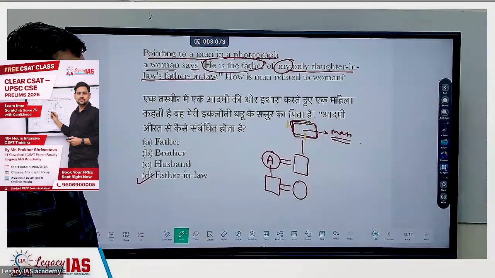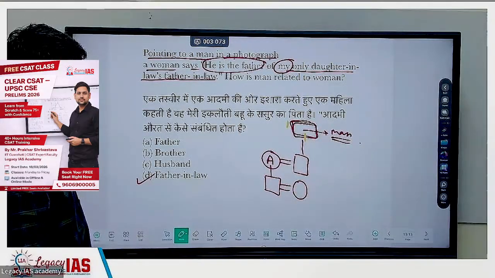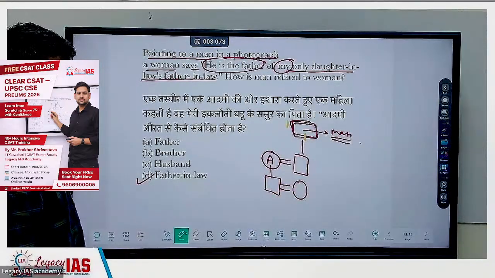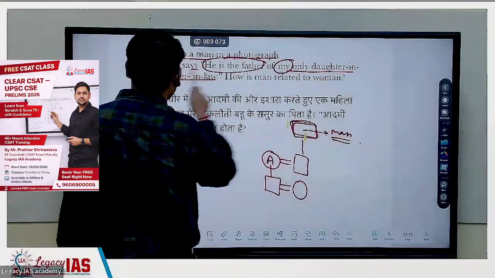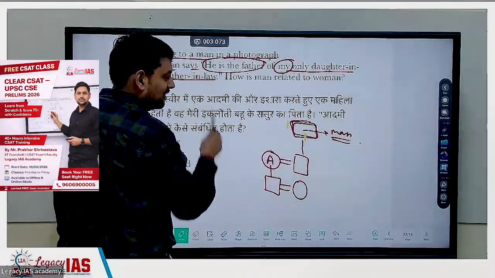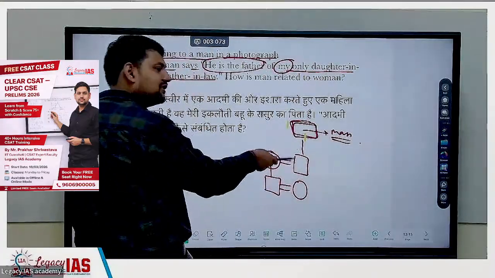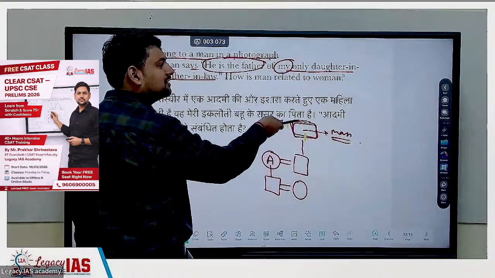She has a daughter-in-law, and he is the father of my only daughter-in-law's father-in-law. So first daughter-in-law, daughter-in-law's father-in-law, and father-in-law's father.